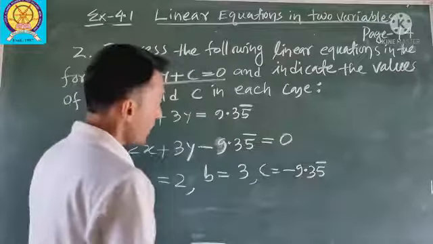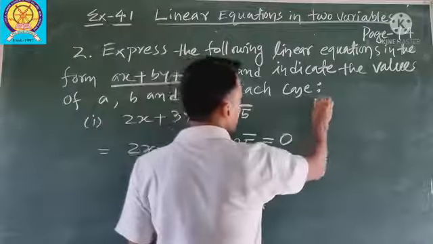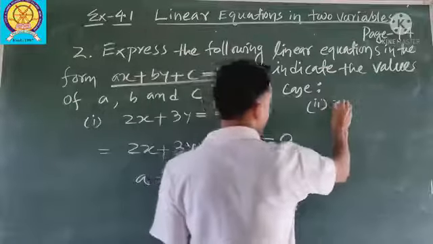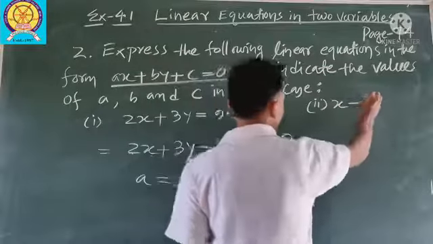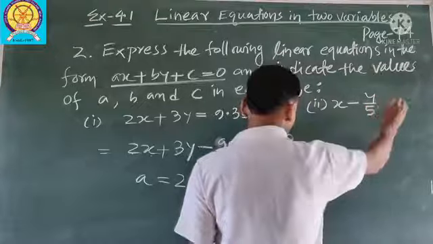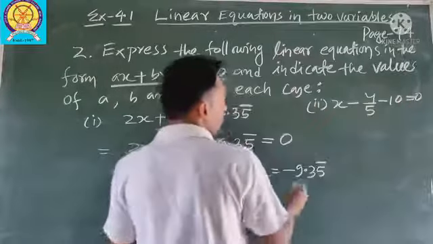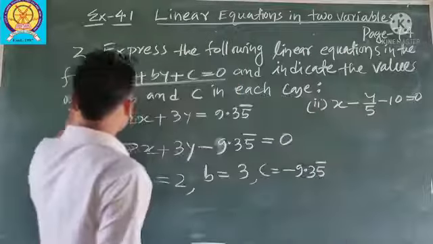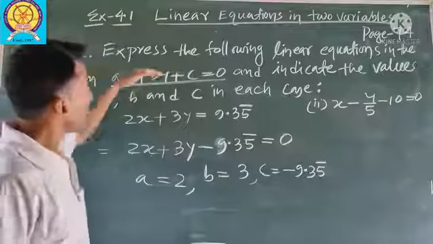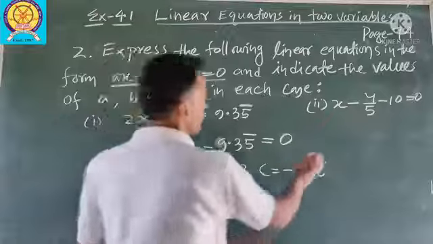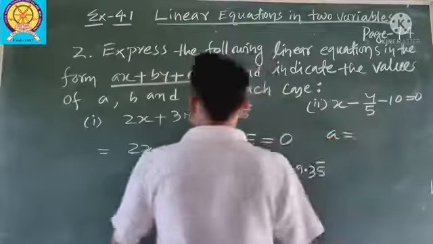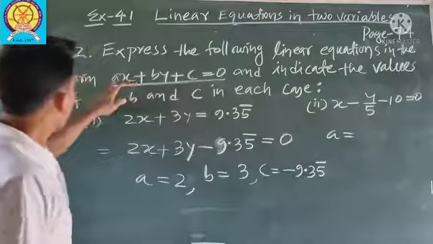Now you see the next question, number 2. X minus y by 5 minus 10 is equal to 0. So same, it is already in the form of a linear equation in two variables. So you compare now. The x coefficient is a.